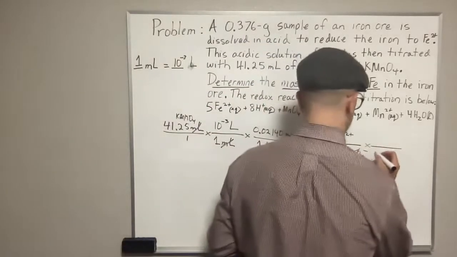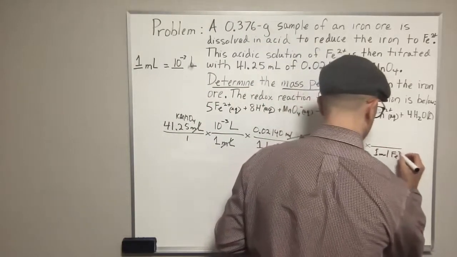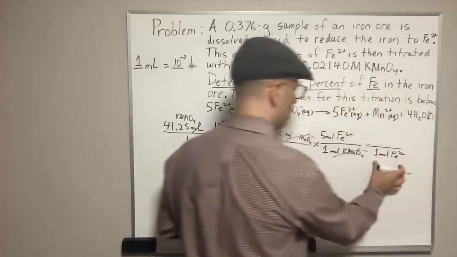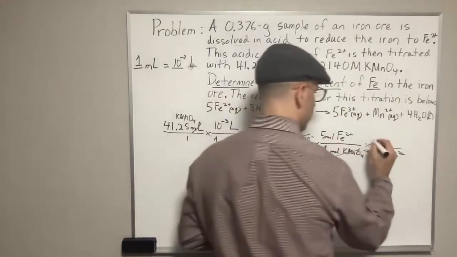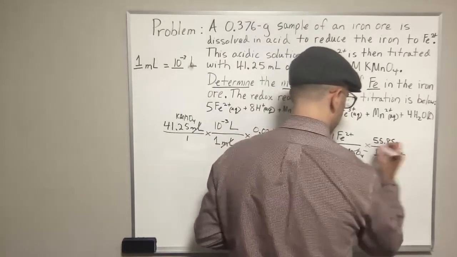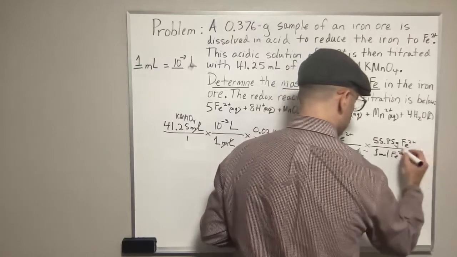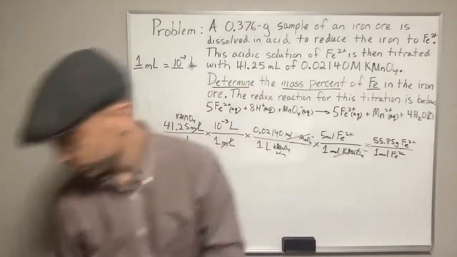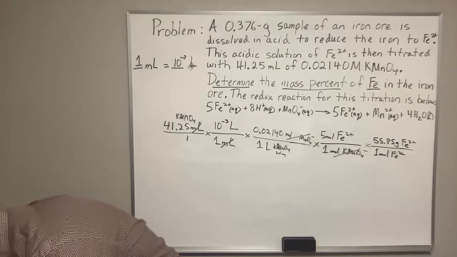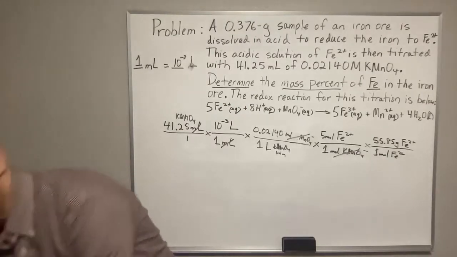So that means that 1 mole of Fe2 plus goes on the bottom to cancel out moles, and that's going to be 55.85 grams of Fe2 plus on top. Let me double check that again just to make sure. 55.85.